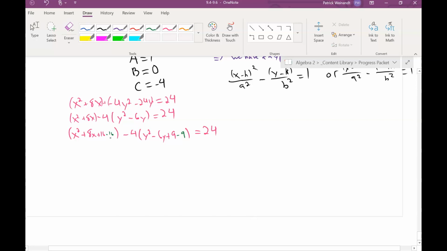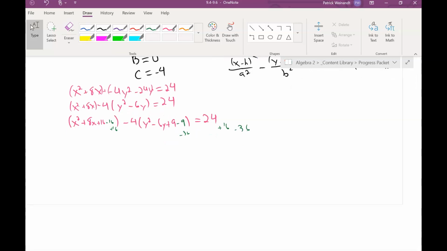Okay, so we're going to move this negative 16 to the other side by adding it. We're going to move this negative 9 times negative 4. Technically, we have to bring that negative 4 along for the ride. So negative 4 times negative 9 gives you 36. So really, we're subtracting 36.